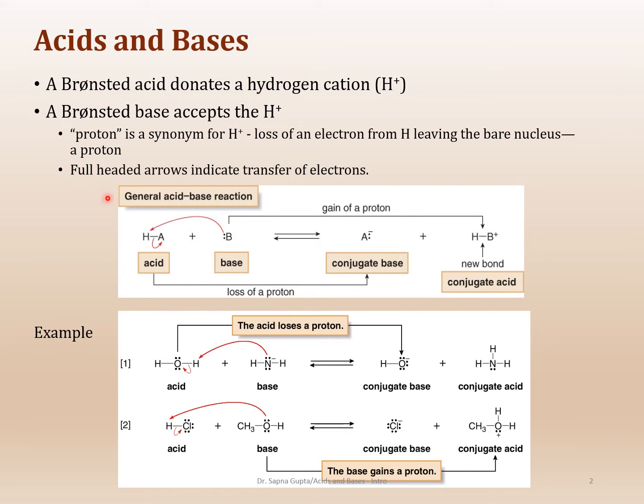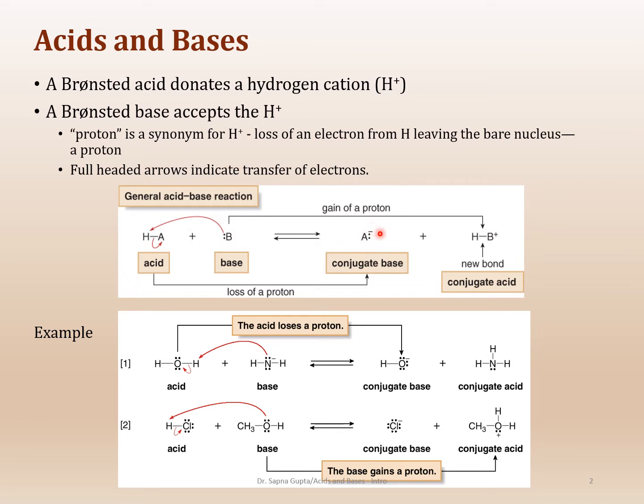Here is an example of a very common acid-base reaction. Here is an acid, HA, and in your mind, you can think about HCl. Here is a base, and what the base does is take a proton from the acid. The proton goes away, leaving its electrons on the A, which is the anion, because the H plus is going to go away from the acid.